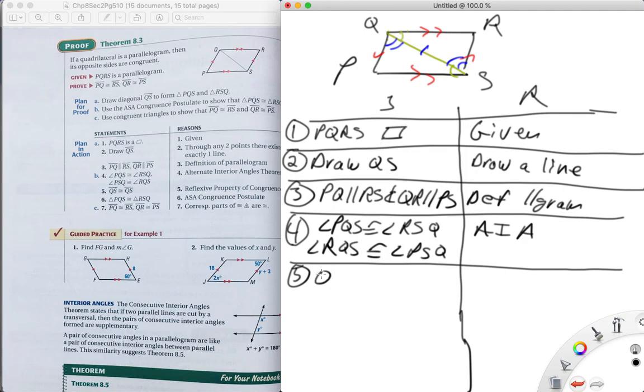I can say that QS is congruent to itself. Reflexive property. Then I can say the two triangles are congruent.